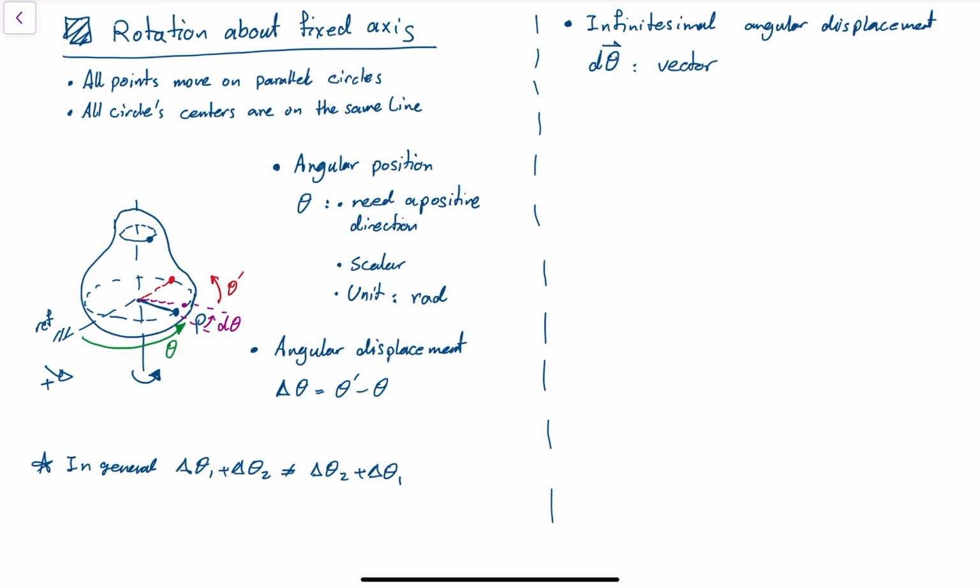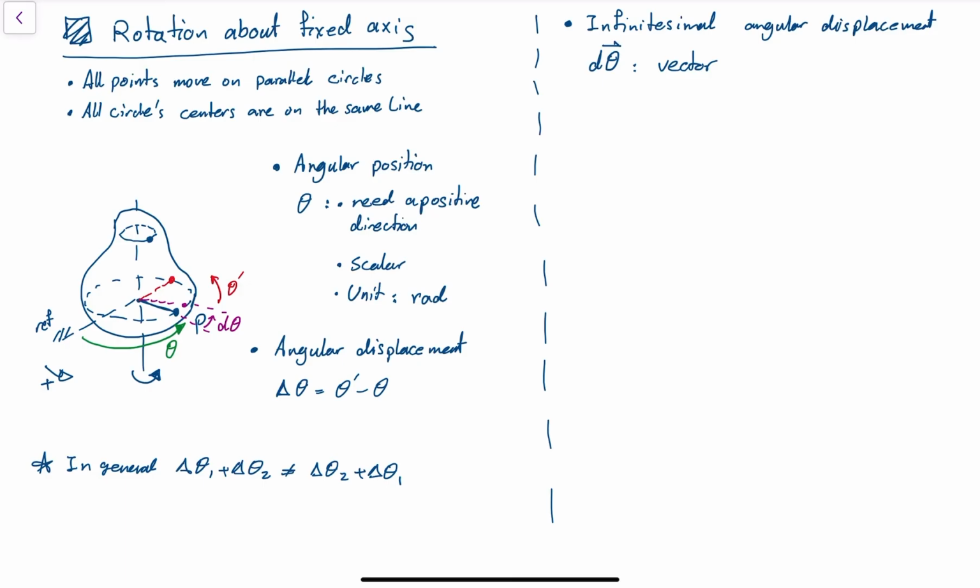Instead of turning your phone 90 degrees, try to turn it like 1 degree or a very small amount, first about one axis, then about another axis. If the amount of displacement is very small, you notice that order doesn't matter. So in that case, you can define d theta as a vector.